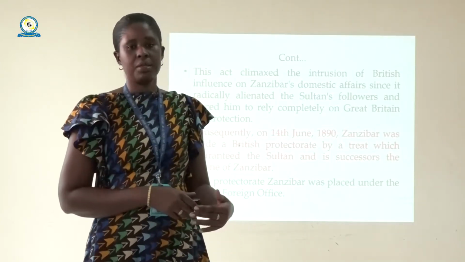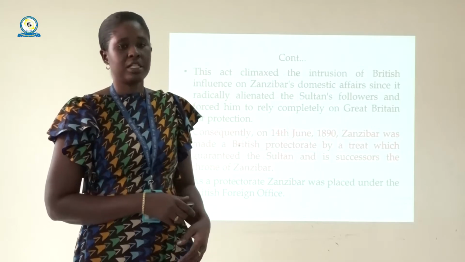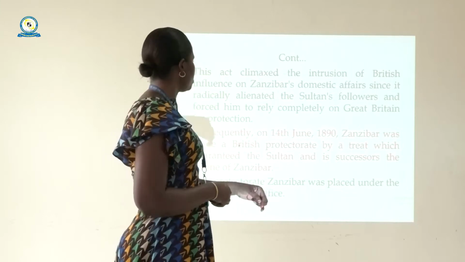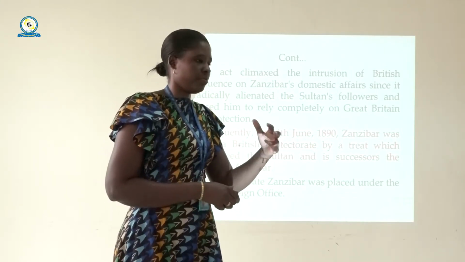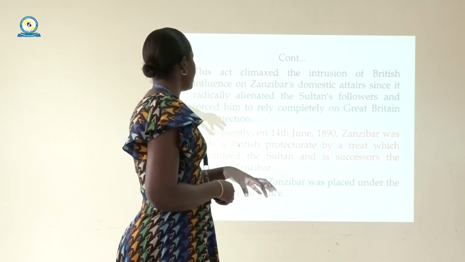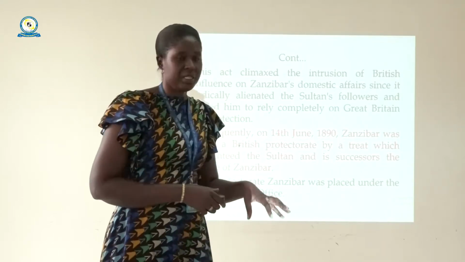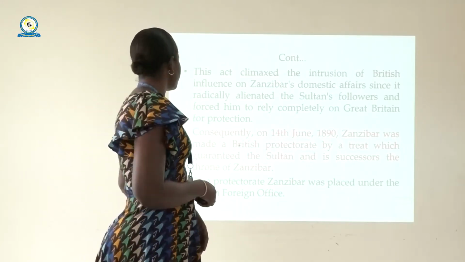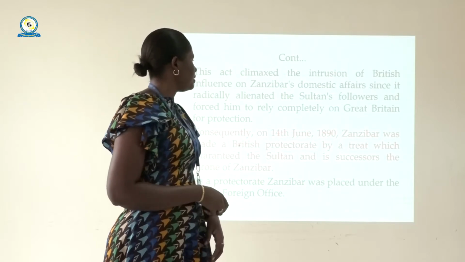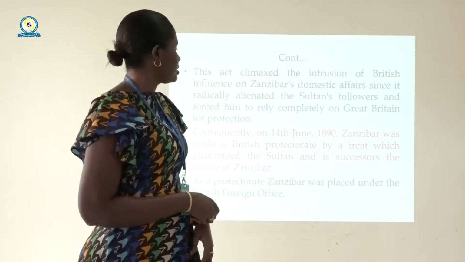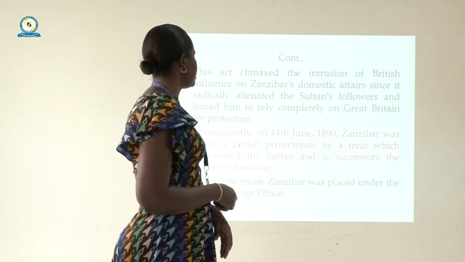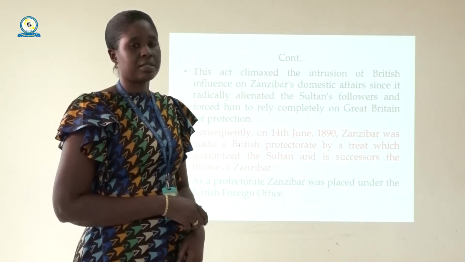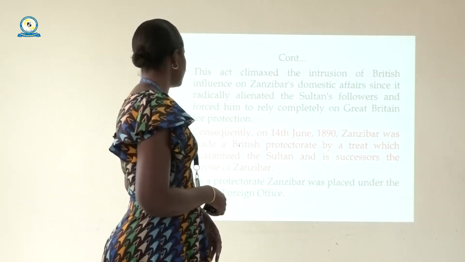The Sultan's followers, and let's say the people of Zanzibar, were forced to rely completely on Great Britain for protection. By 1890, Zanzibar was made a British protectorate by a treaty which was guaranteed by the Sultan and his successors to the throne of Zanzibar.